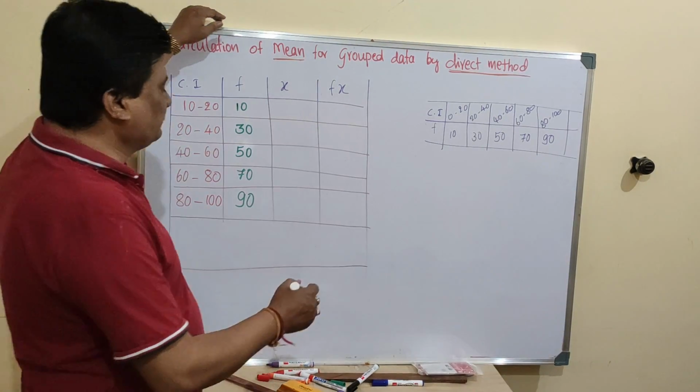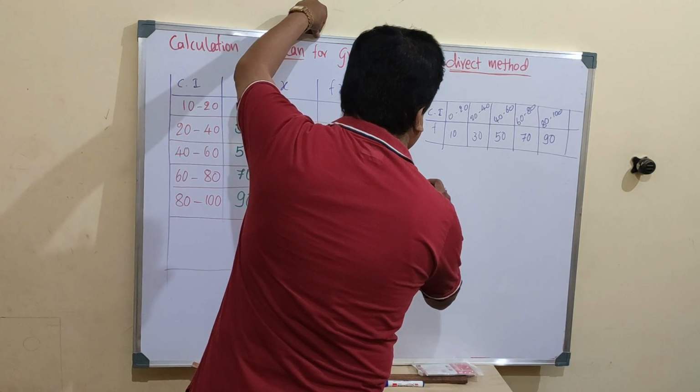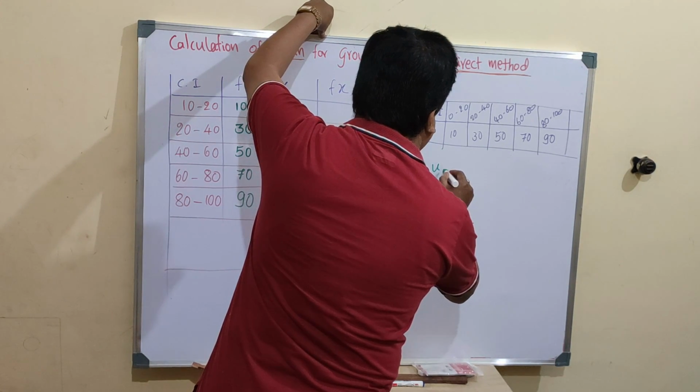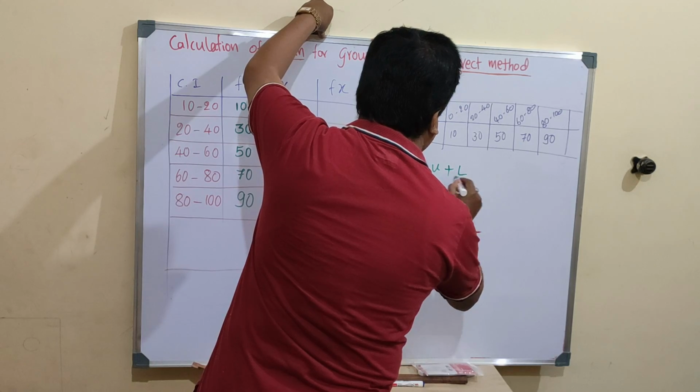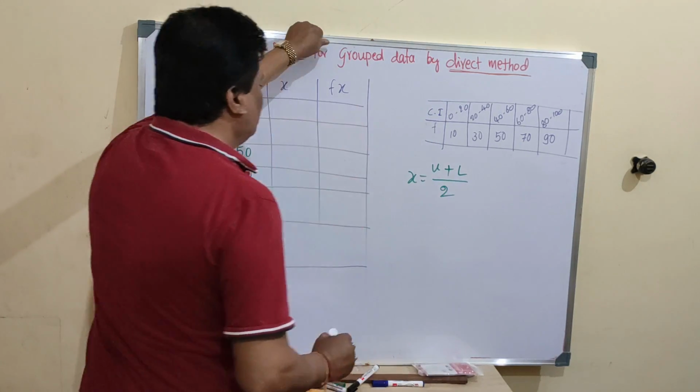This x can be calculated using upper limit plus lower limit divided by 2.